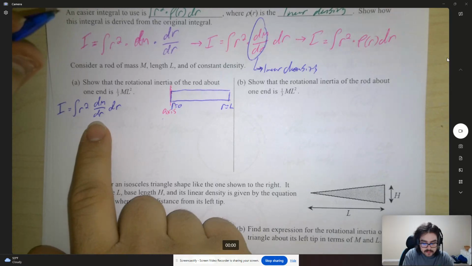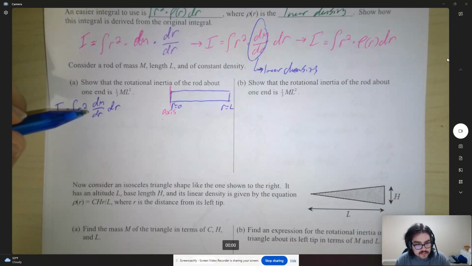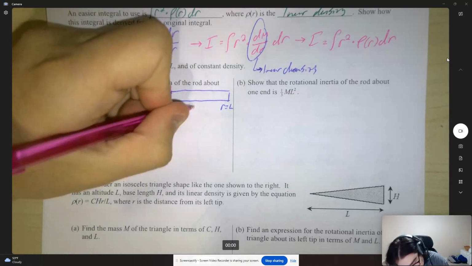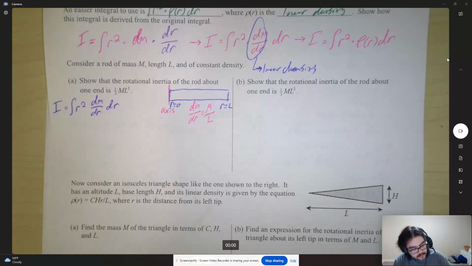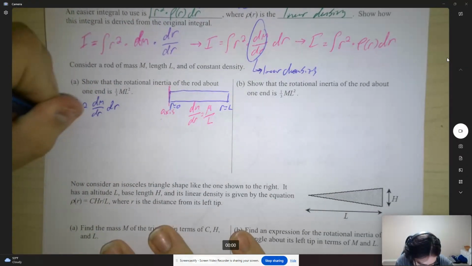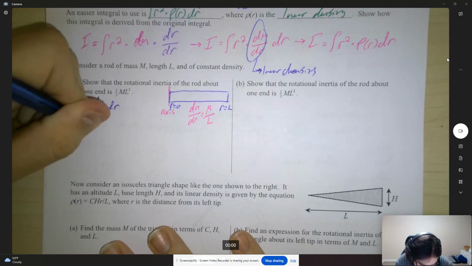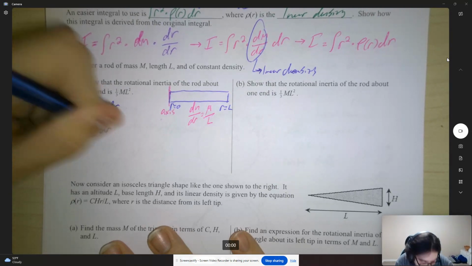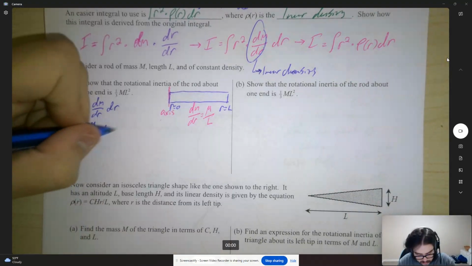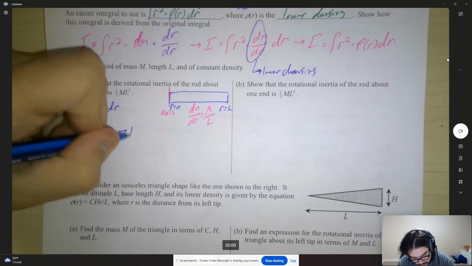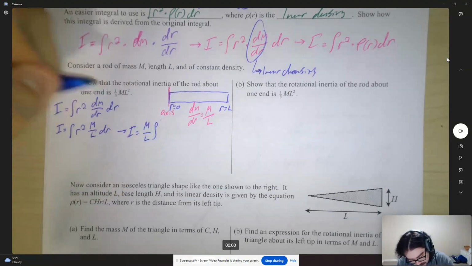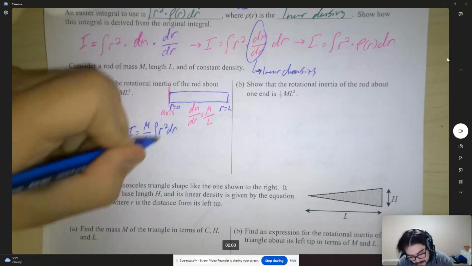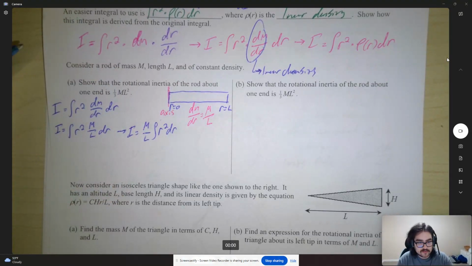The density, dm over dr, is just m over L. So I'm going to replace that, and I get the integral of r squared m over L dr. And then you notice, wait, m over L is a constant, so I can take that out, times the integral of r squared dr. And r squared dr is a super easy integral, but I have to apply bounds to it.